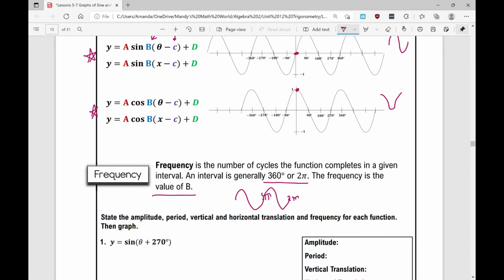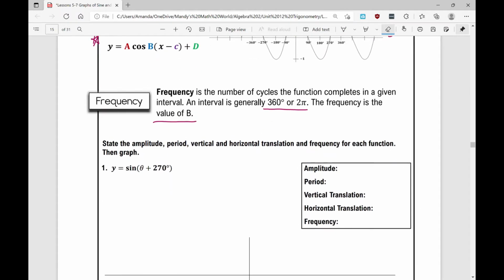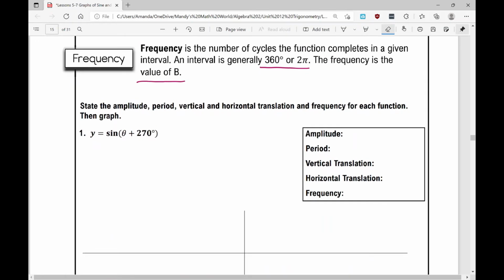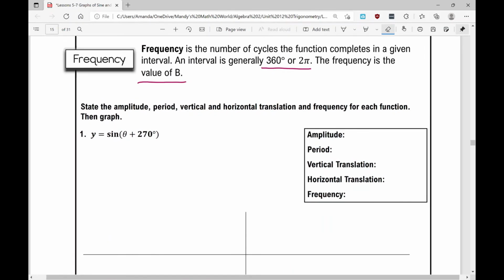So what's my frequency? It's 2. How many of those cycles can I fit within an interval that's generally 2 pi or 360 degrees? So that's what frequency is. Period is the length of the cycle, and frequency is the number of cycles in an interval.